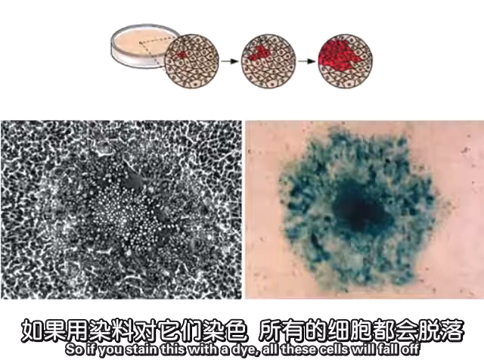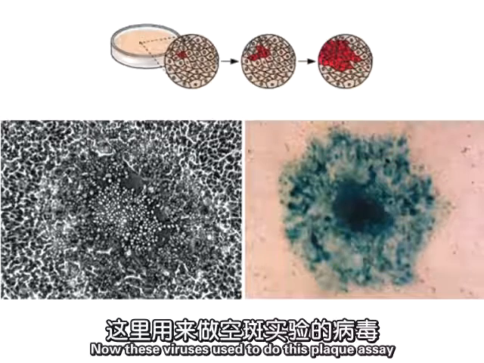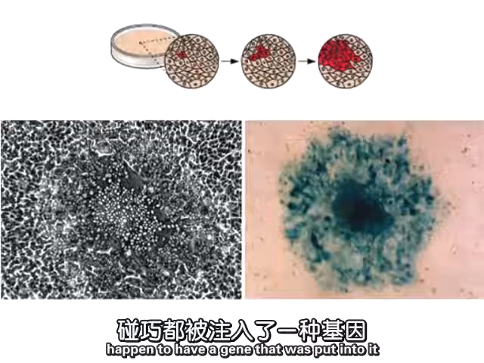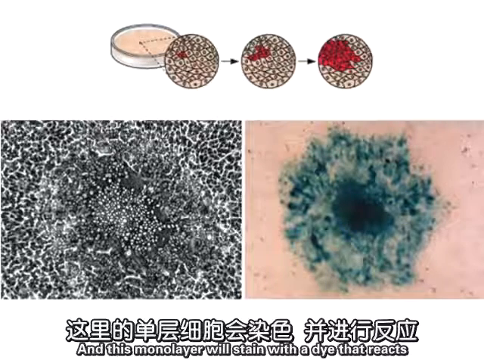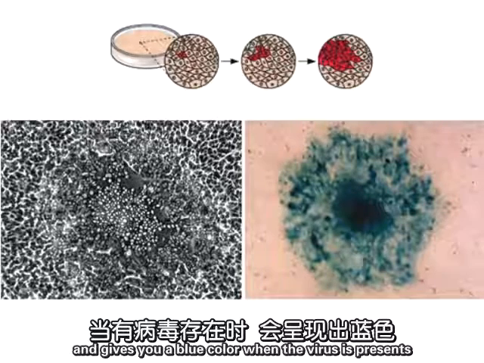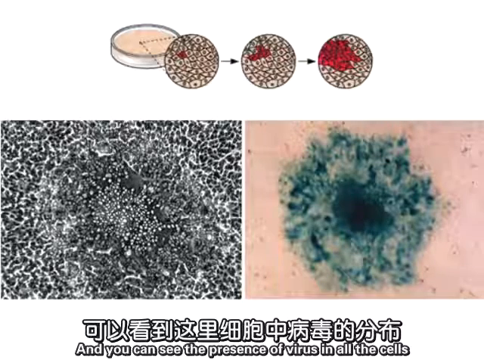So if you stained this with a dye, all these cells would fall off and you'd have a hole in the monolayer. Now this virus used to do this plaque assay happened to have a gene put into it that allows you to detect the color in the infected cells. And this monolayer was stained with a dye that reacts and gives you a blue color when the virus is present. So it's the same plaque except it's stained, and you can see the presence of virus in all the cells.